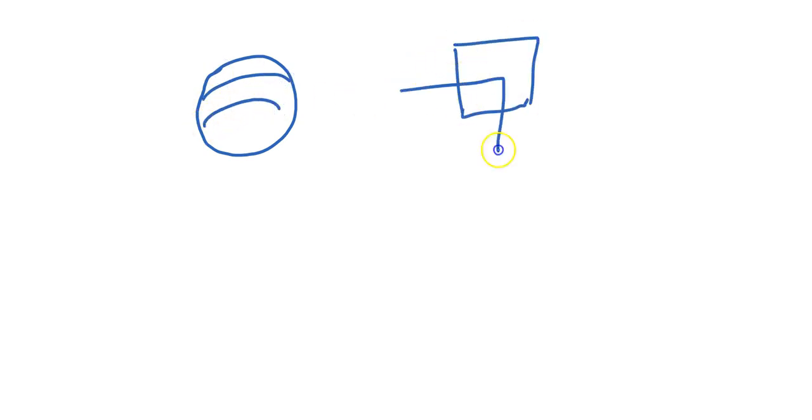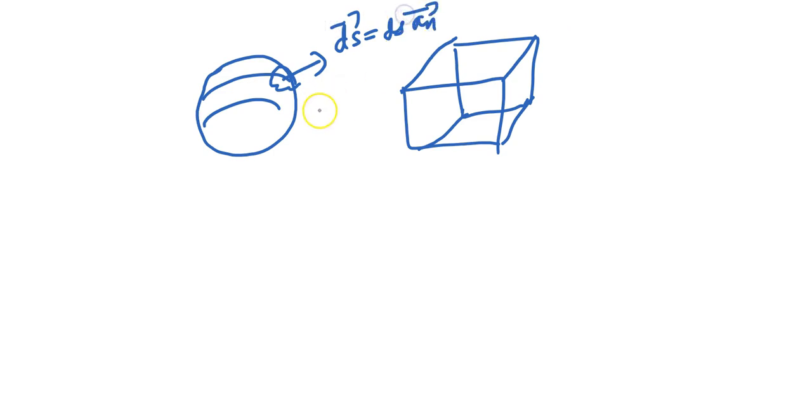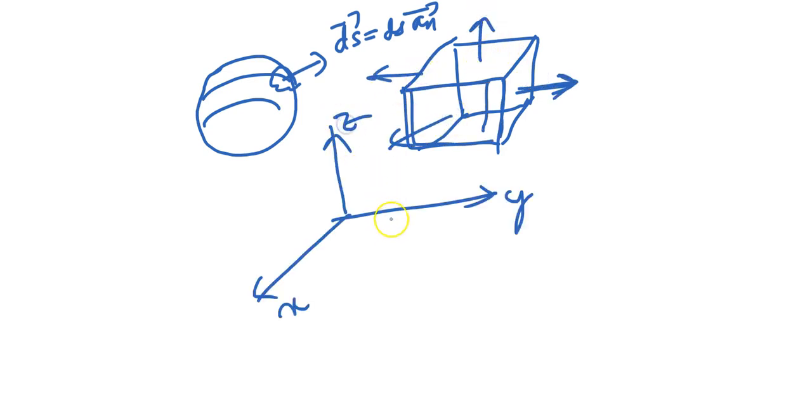For a closed surface like a sphere or cuboid, whenever you have an infinitesimally small surface, the surface vector will always be outward. That is ds equal to ds an, outward of the surface. For example, this one, let's say an infinitesimally small surface here.